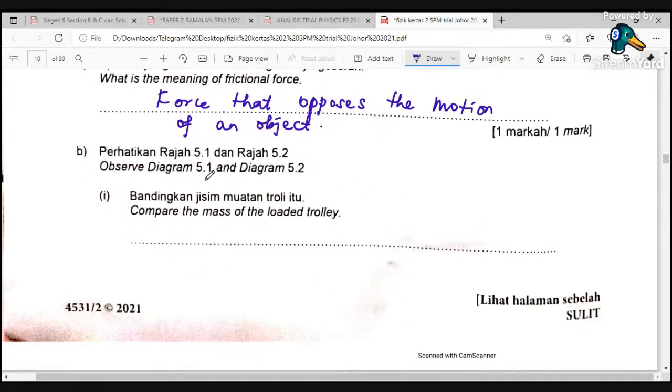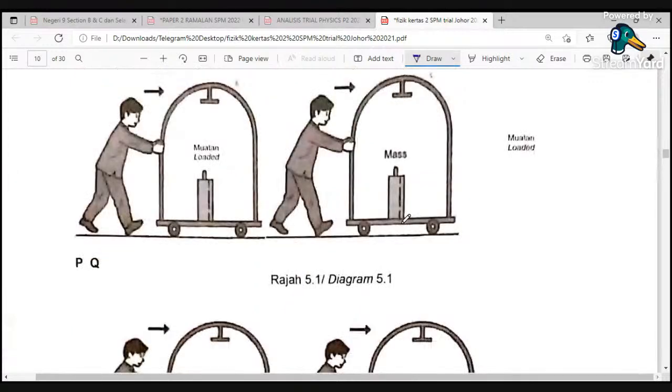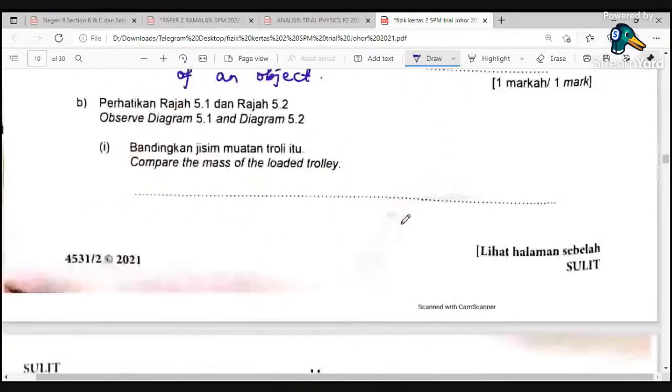Compare mass of the loaded trolley. Compare between 5.1 and 5.2. Okay, so you can see from here, 5.2 is bigger load compared to 5.1. So you set first, you want to start with 5.1 or 5.2? Okay, let's say I start with 5.1.